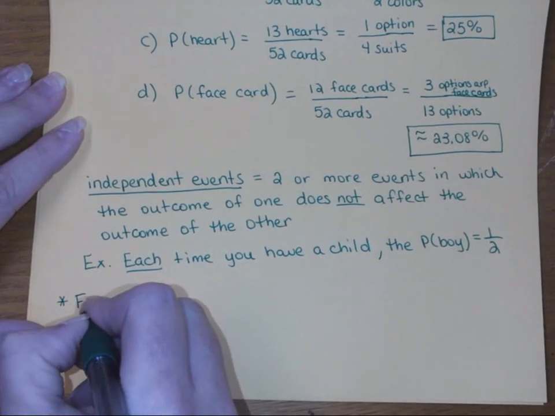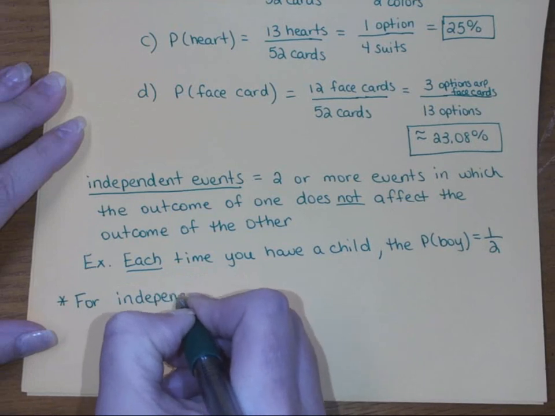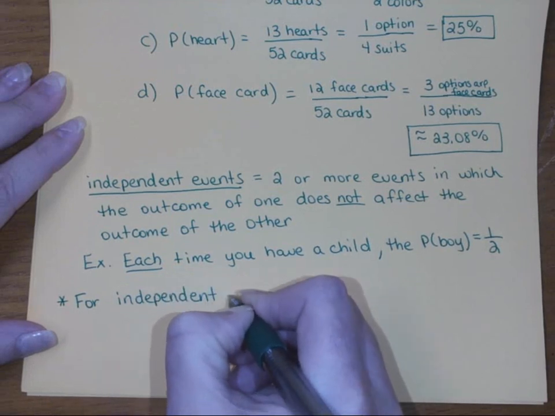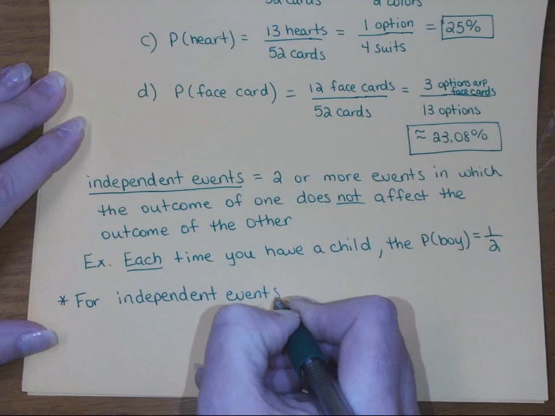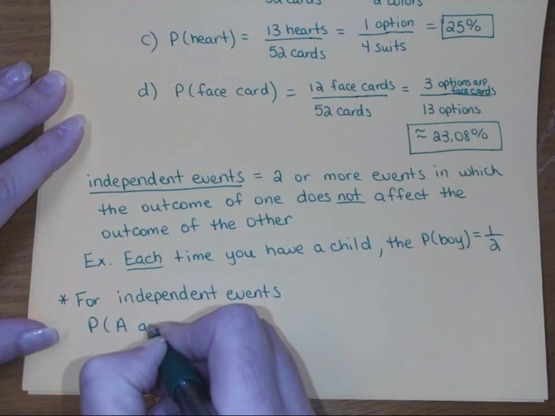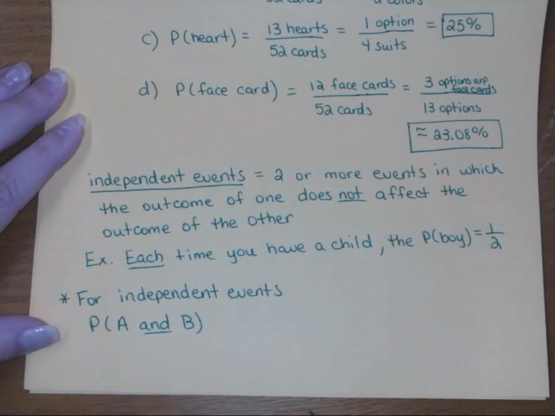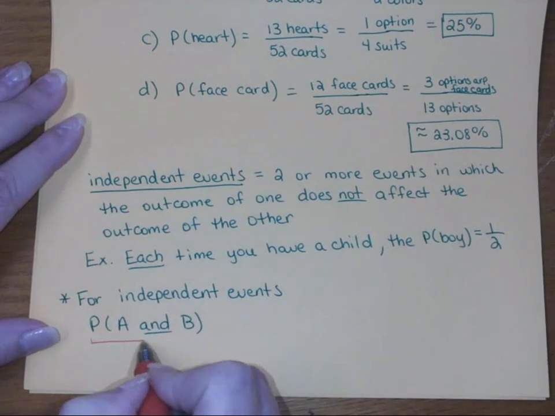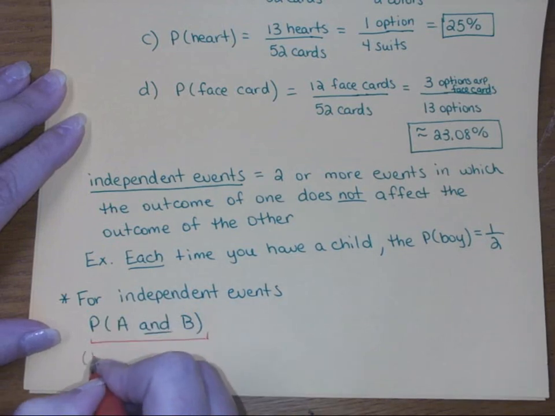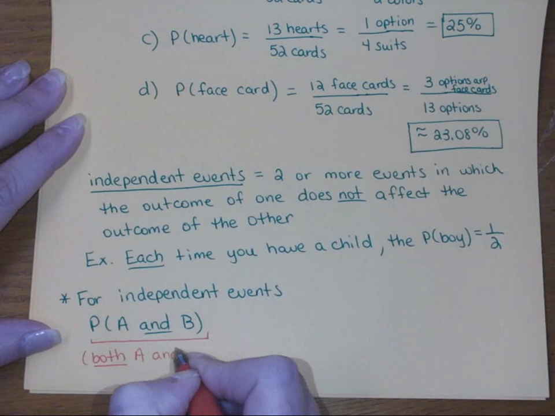So the reason we need to know this is because if we know that the events are independent of each other, then if we want the probability of A and B occurring, okay, by the way, just to make sure we know this, what this is saying is that both A and B occur.